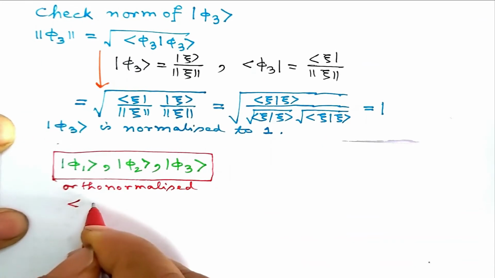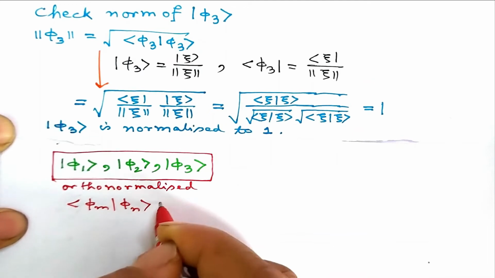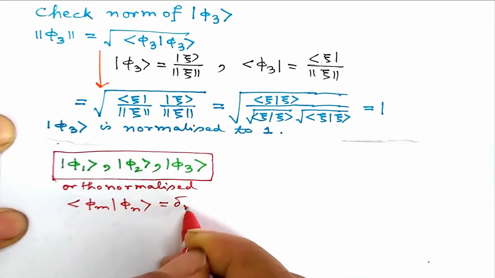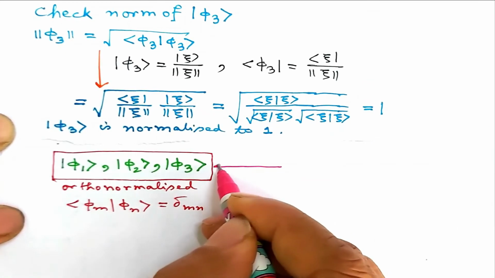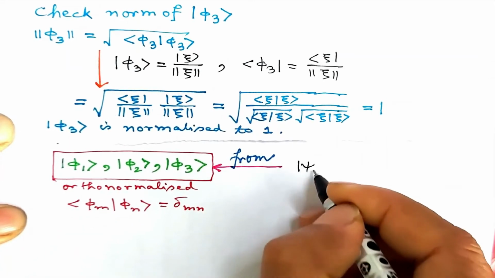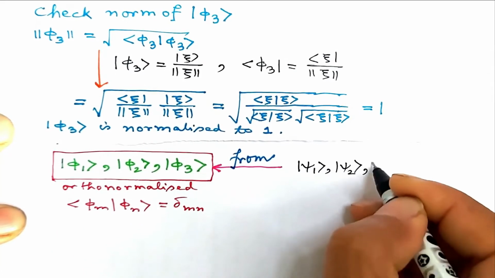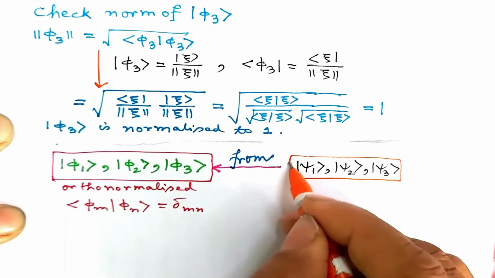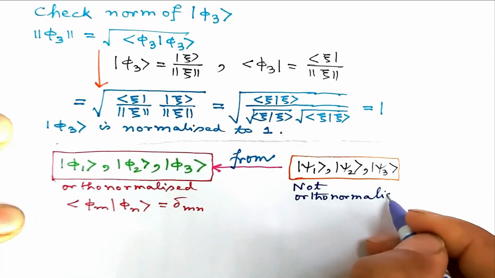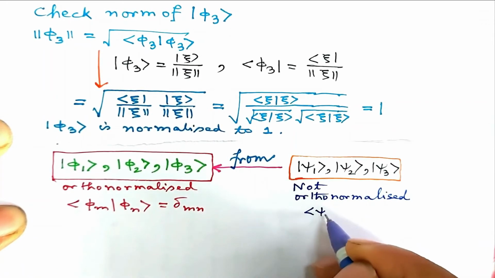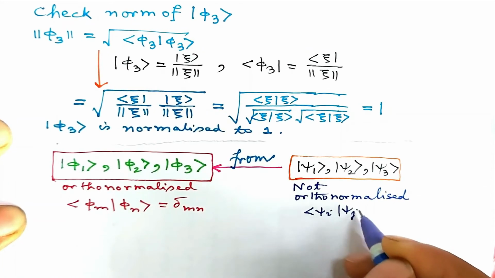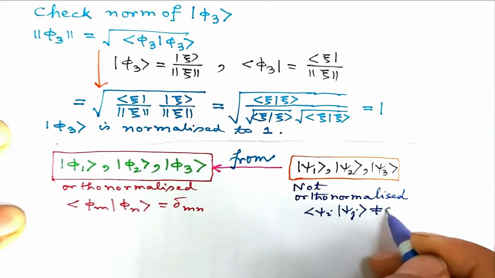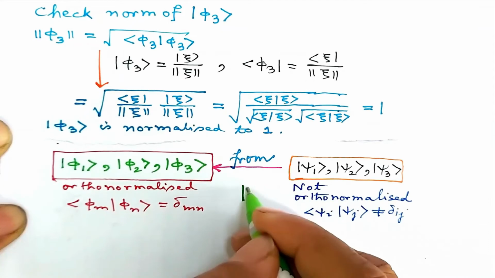The inner product bra phi m ket phi n equals Kronecker delta mn. This set has been derived from the set ket psi 1, ket psi 2, ket psi 3, that is not orthonormalized, that is, the inner product bra psi i ket psi j is not equal to Kronecker delta ij.